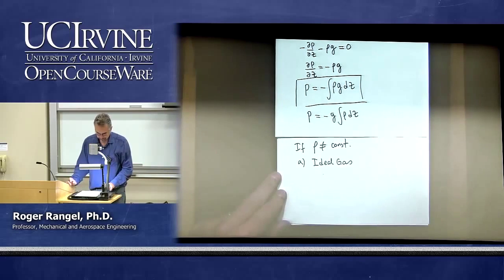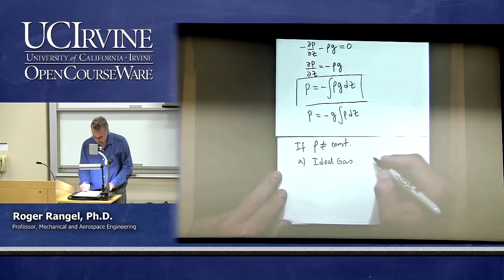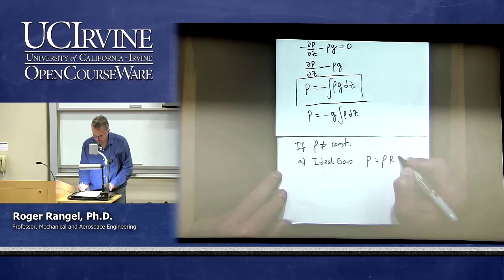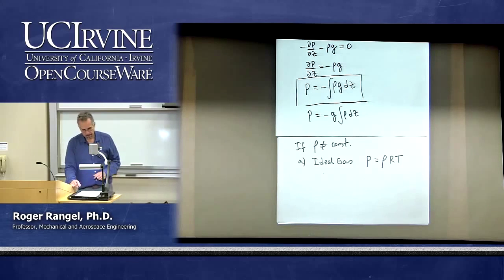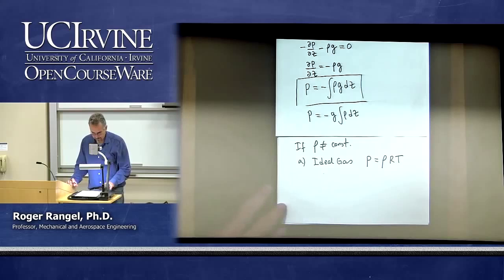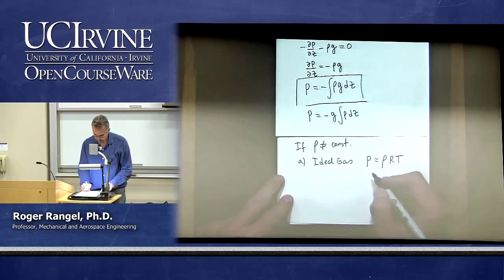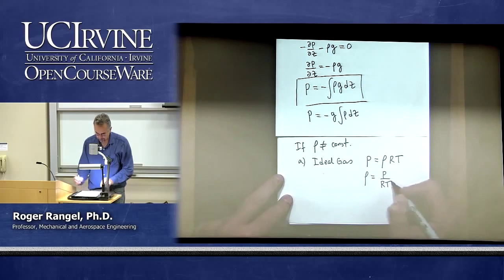And then if we do that, then we know that we can write for an ideal gas that P is equal to rho RT, the ideal gas law. So if I do that, of course, then I know that the density is P over RT.